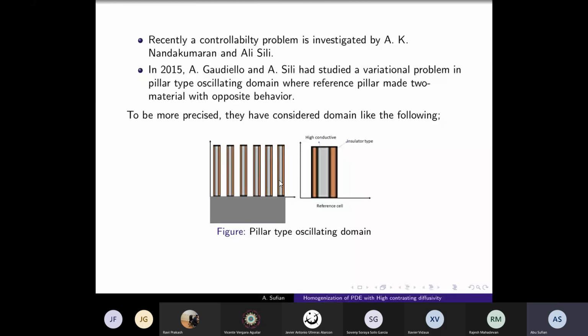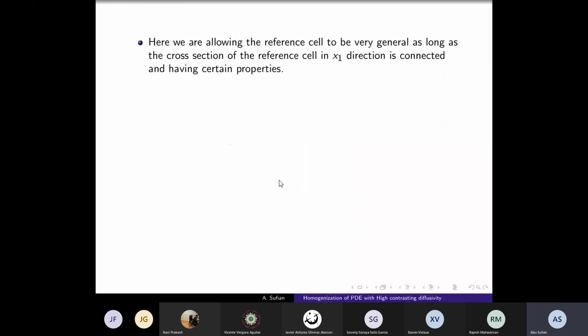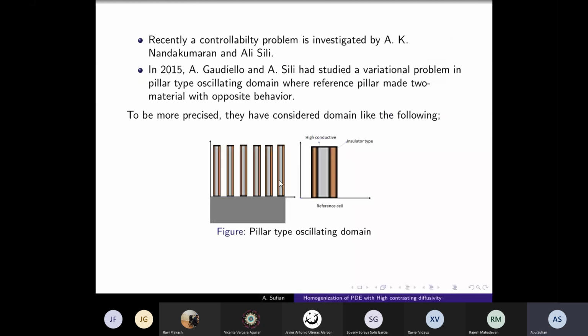In the present article, in my present work, we have considered a two-dimensional setting. Whatever we have done can be generalized to any dimension, but for the time being I am restricting myself to 2 dimensions. Here we have considered a pillar type oscillating domain.